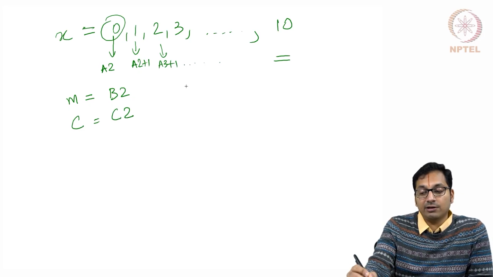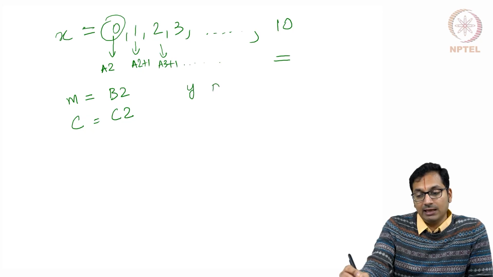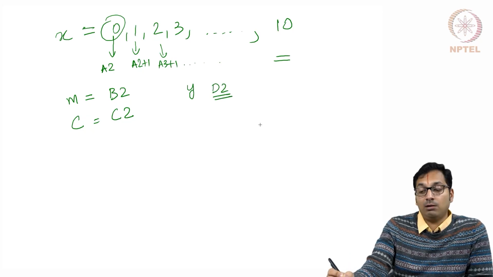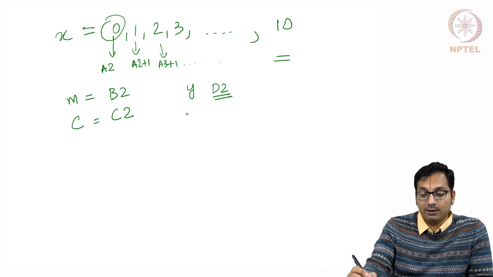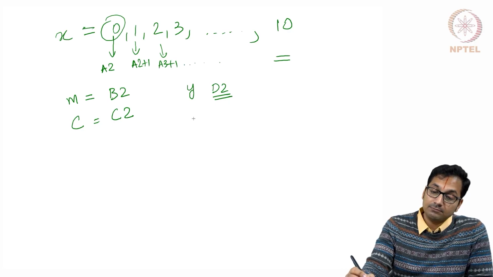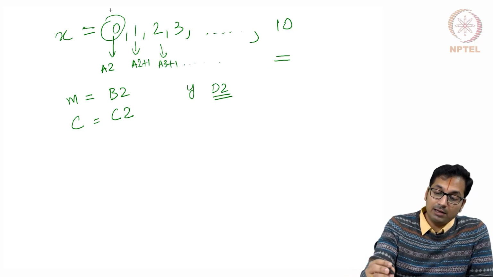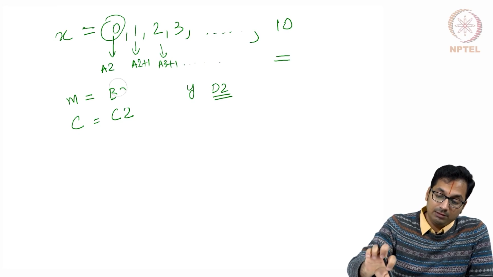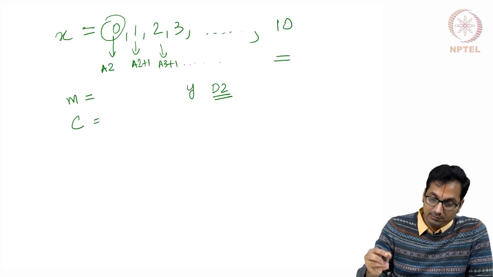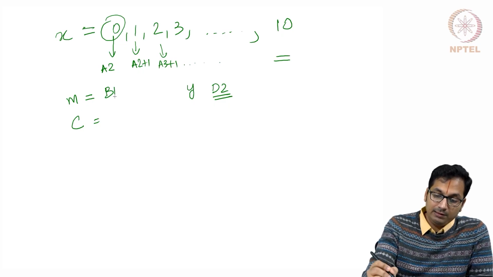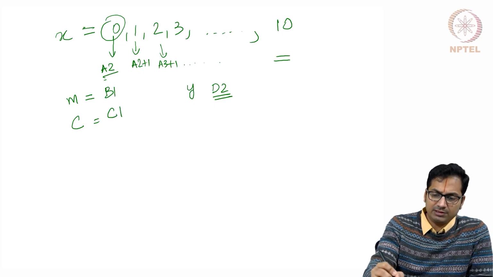Then we can try to determine all of the y values in, say, the column of D2, where we will try to end up saying, let us say these two are given in B1 and C1, where the values start from A2.